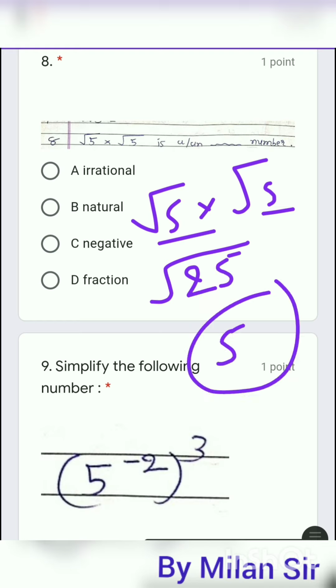This is an integer number, right? It is a positive integer, so we can say that 5 is a natural number, so our answer is B, natural number. Other options are irrational, and this is not an irrational number, not a negative number, not a fraction, right? So the correct answer is option B, natural number.